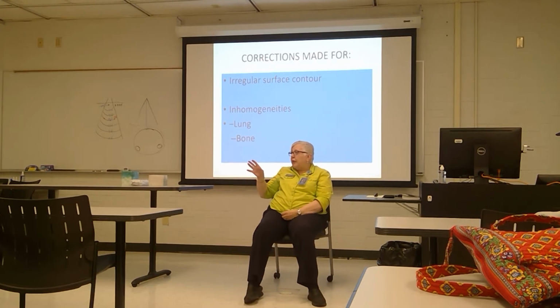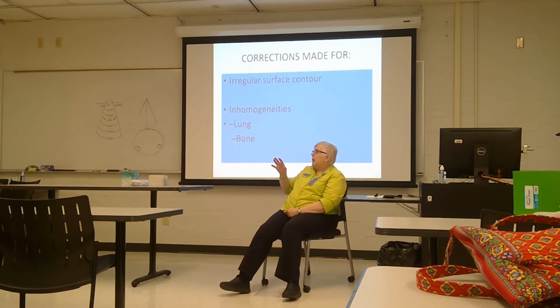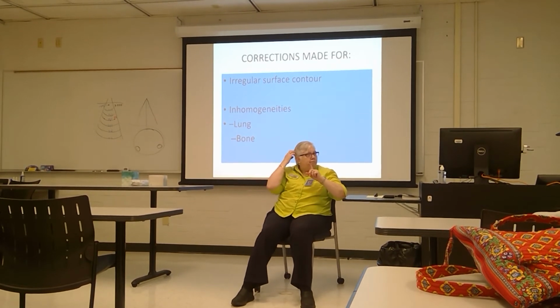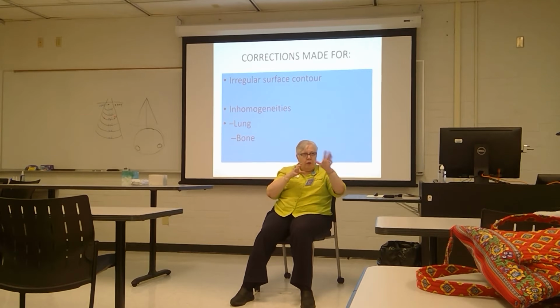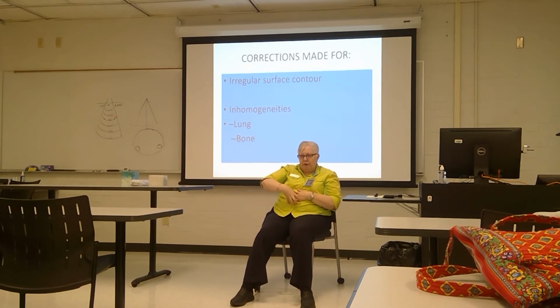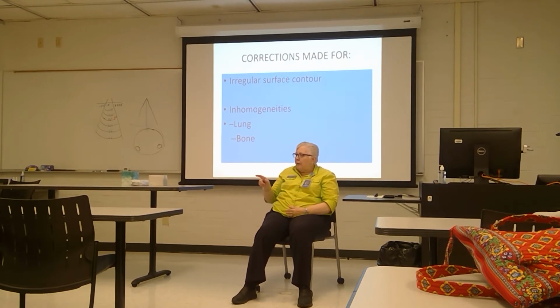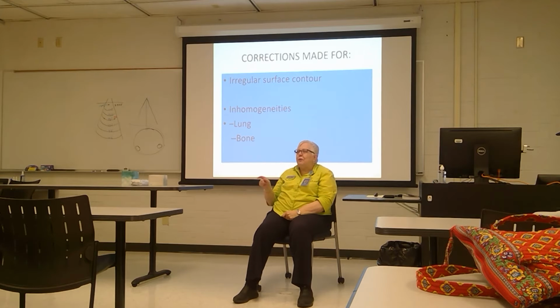Now, for 3D conformal, if we were doing 6 fields with step and shoot, you'd have 1 field and you'd have 3 or 4 subfields, right? And then you go on to the next one and you do the same. With 3D conformal, you'd have 6 fields.